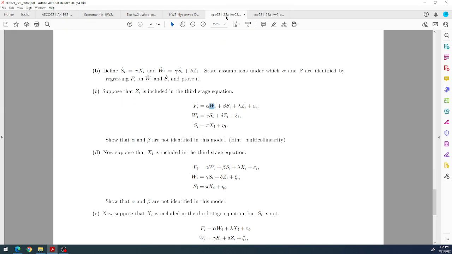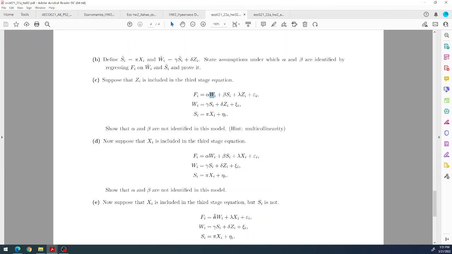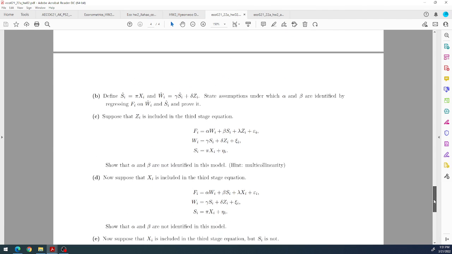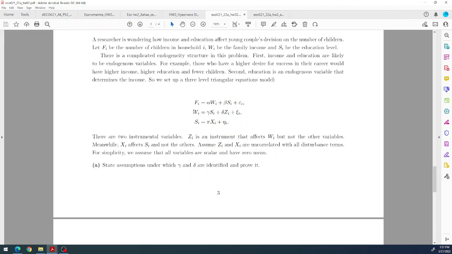And in the last part, here I have only one endogenous variable in W, but the equation for the endogenous variable has another endogenous variable. By the way, I was wrong. Excuse me. I said this is reduced form, but actually not.